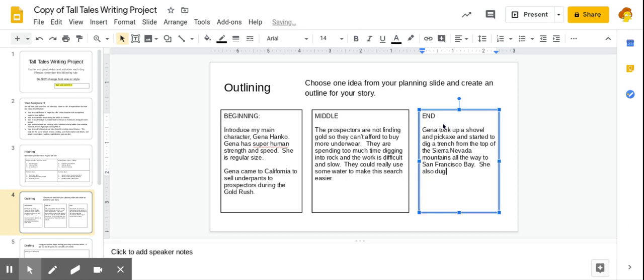She also dug smaller trenches leading the way to the mining towns surrounding Sacramento. So those little rivers ran to all the different mining towns. When the snow melted, the trenches filled up with water for the miners to use.